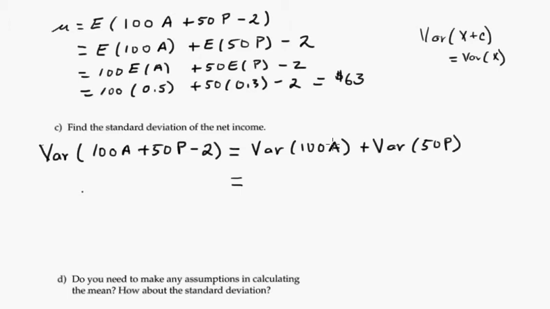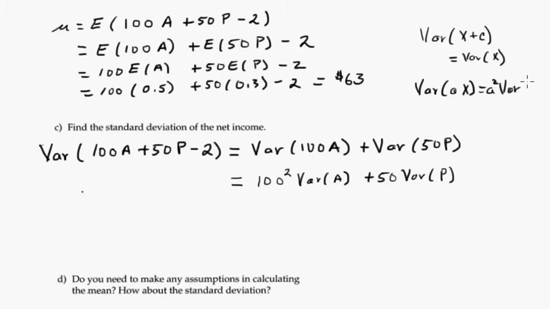Now the important thing here is to see that this event is only happening once. So we have another formula. The variance of aX is equal to a squared times the variance of X. So we're going to square this, and that's 100 squared times the variance of A plus 50 squared times the variance of P. Now we would plug in the standard deviation of A squared.